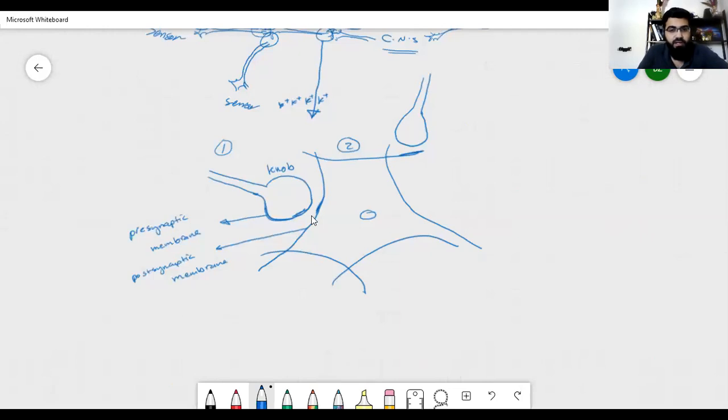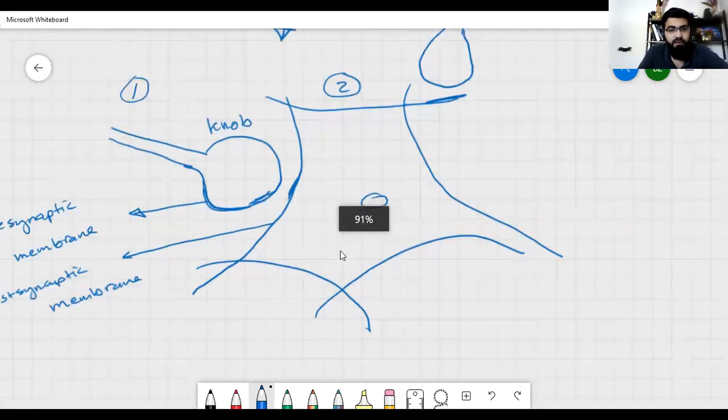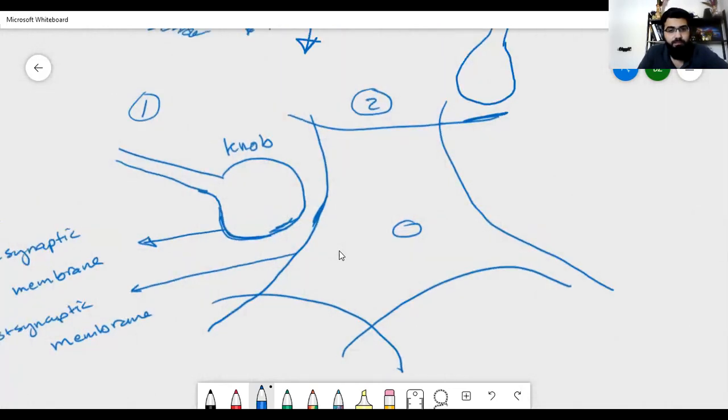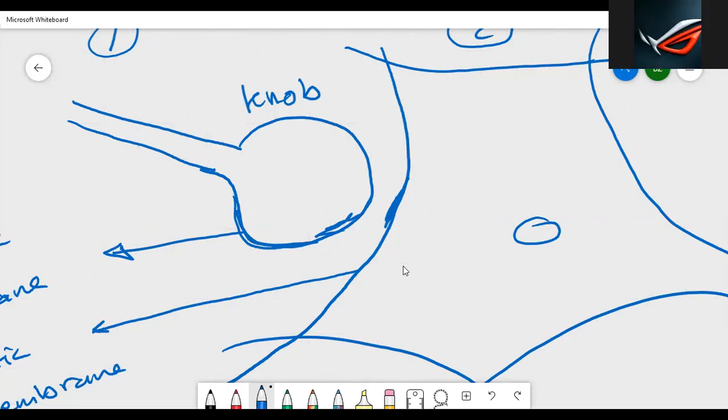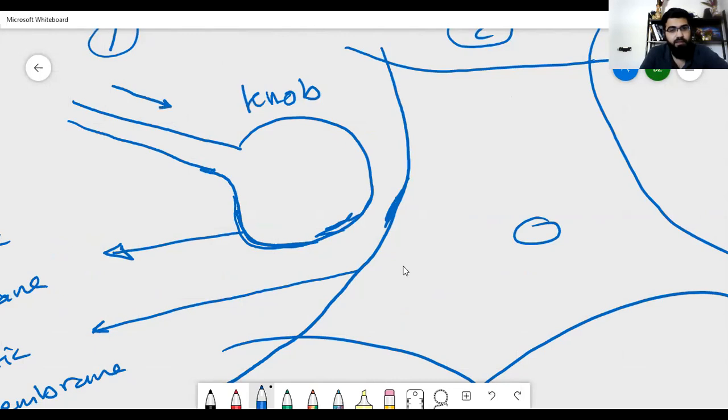If the impulse arrives at the knob, at the ending of the terminals, there are channels of calcium, Ca2+ channels.